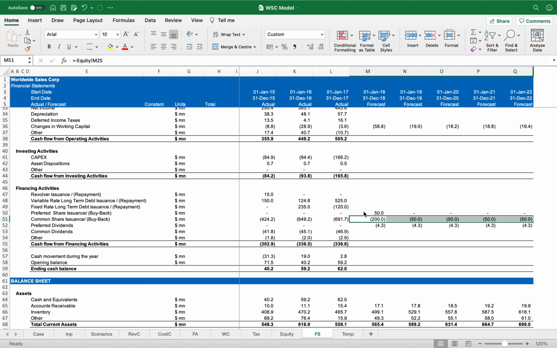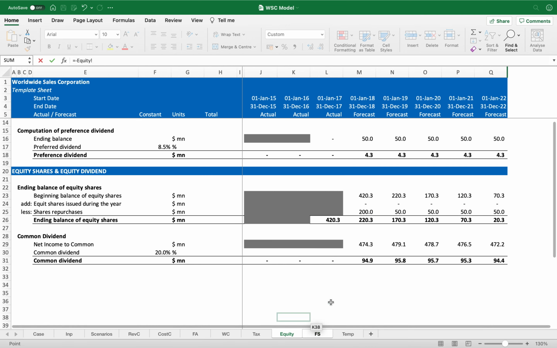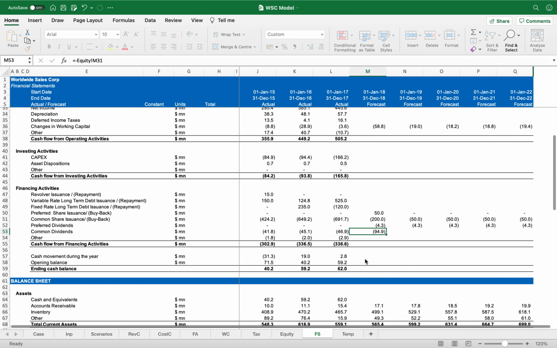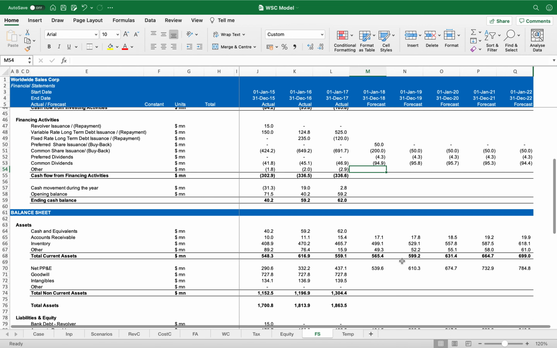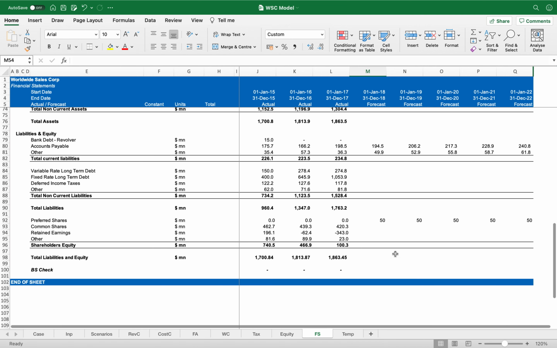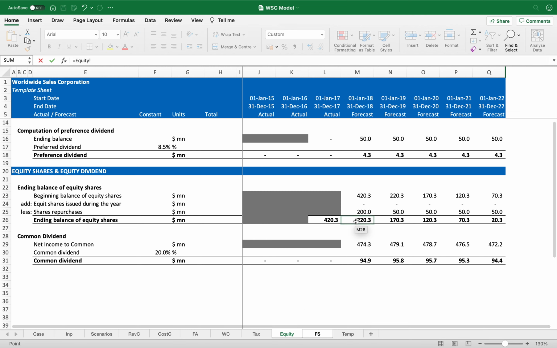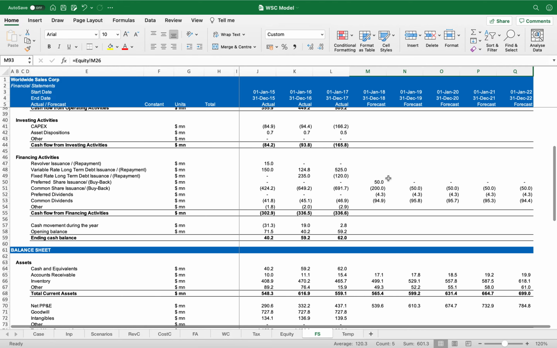So these share repurchases and common dividends as well, whatever is the amount of common dividends. Coming on to the balance sheet, common shares. I have the ending balance of common shares now. Perfect. Fair enough.